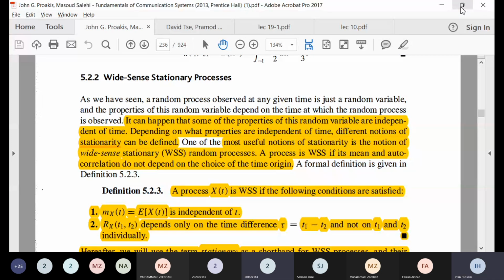All right. So coming back to the lecture, what is a wide sense stationary process? We have just seen that a random process at a fixed time becomes a random variable, and a random variable will have a mean, variance, PDF, but it will depend on the time at which you have fixed the random process.